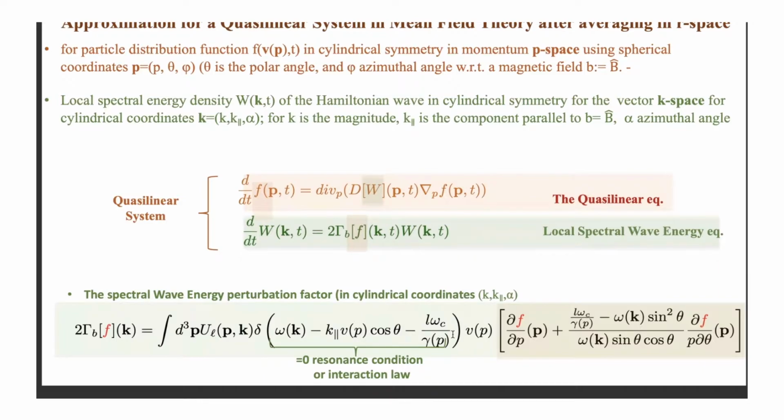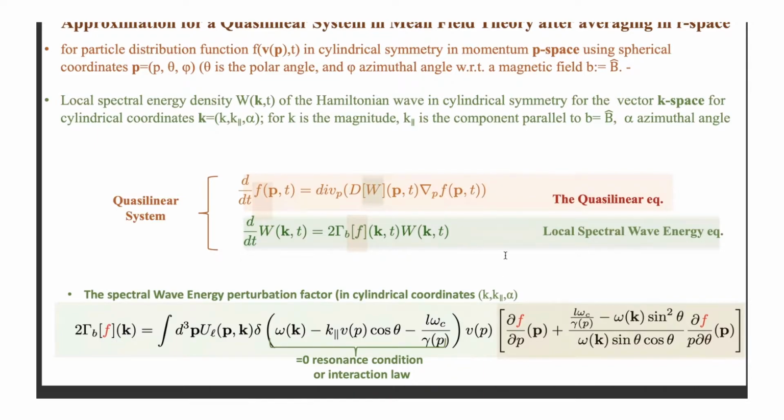It's all very much entangled, depending on the gyro motion frequency, and also proportional to the derivatives. So somehow it's a sort of divergence form associated to the solution of the quasi-linear equation.